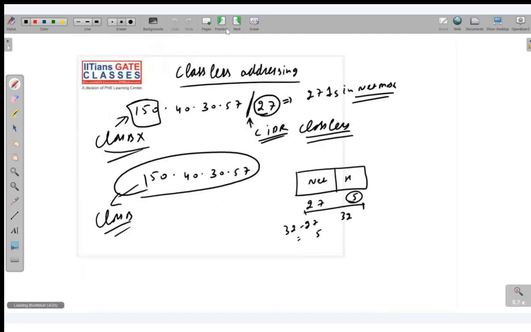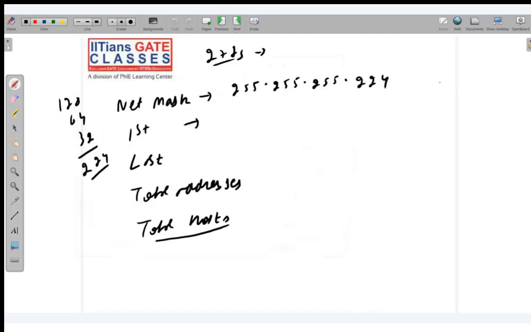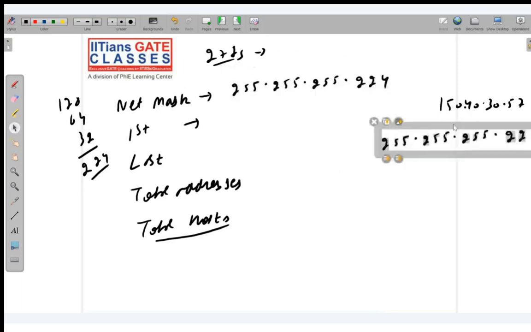Then what is the first address? First address is very simple. The IP address was 150.40.30.57. The first address is found by ANDing the net mask with this IP address.